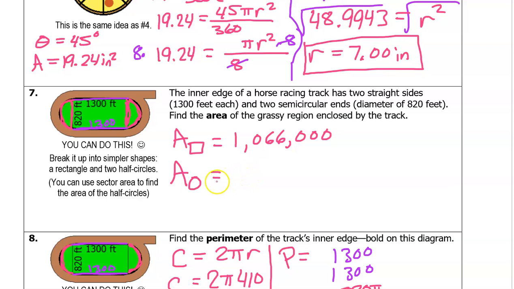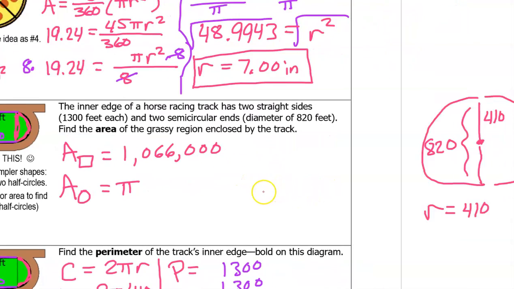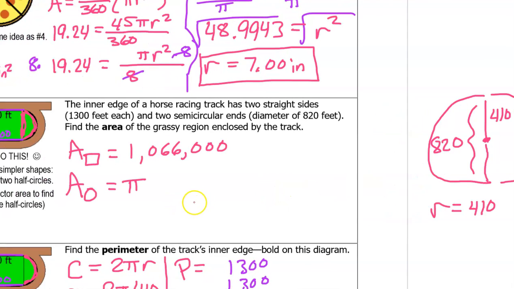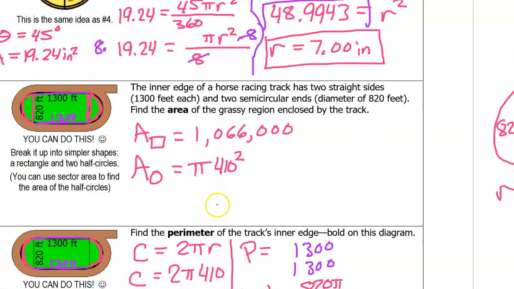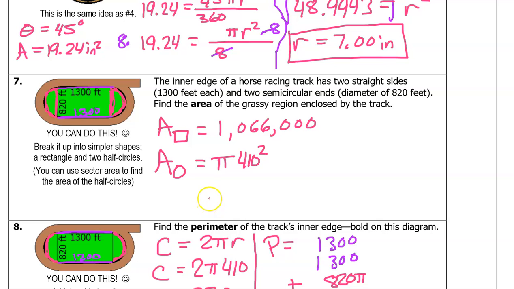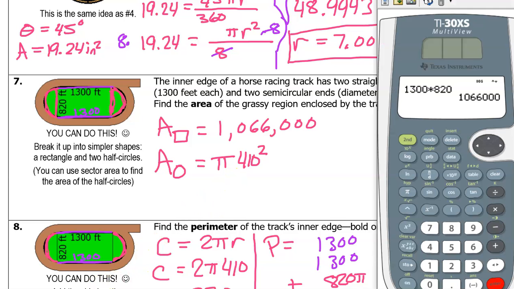What is the formula for the area of a circle? It is pi r squared. So the r is 410. So it's pi times 410 squared. Well, what is 410 squared? Okay, and I feel like we should just go ahead and put the pi in there.